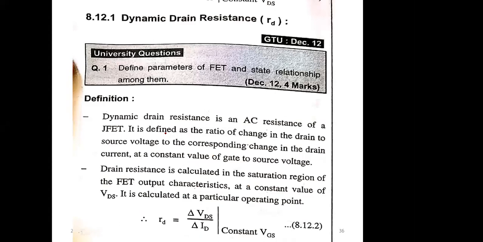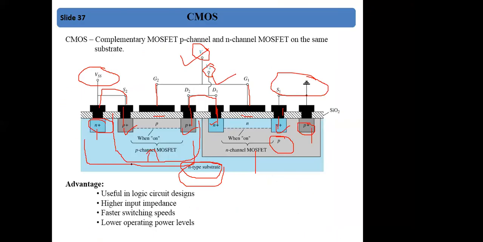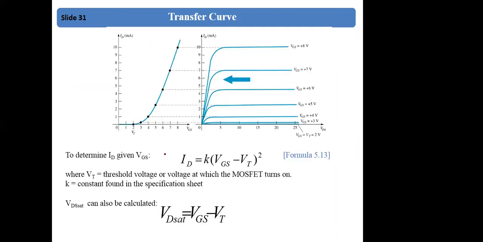Another quantity which comes in FET is called dynamic drain resistance RD. Dynamic drain resistance is nothing but delta VDS by delta ID. If you remember the output characteristic, let me show you. Whenever we draw the output characteristic, it is between VDS and ID. For this curve, either for FET or MOSFET, we take the slope.